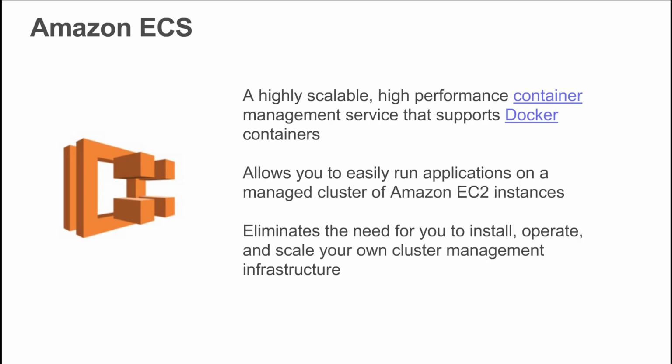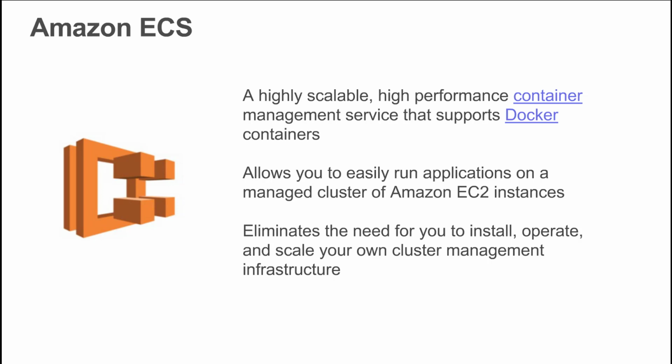Amazon ECS, or EC2 Container Service, is a managed, scalable container orchestration platform. Running one Docker container is easy, but running thousands of them is hard, and now you get into cluster management. So EC2 Container Service gives you that container orchestration to make sure that you can deploy hundreds and hundreds of Docker containers and manage them at scale.